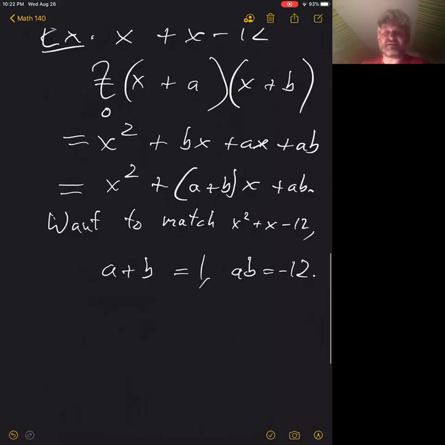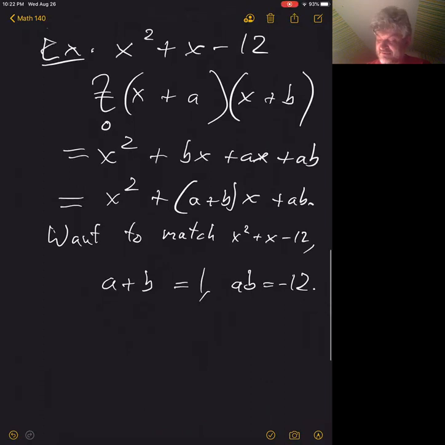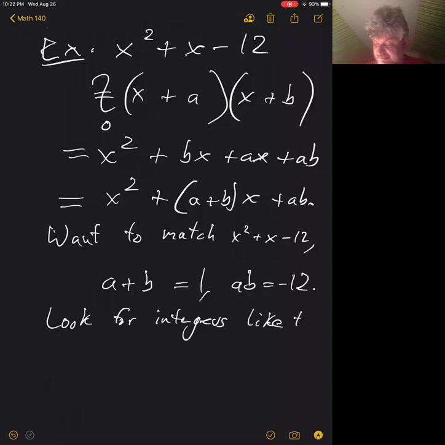So we go to find numbers, and let's assume we can find integers. We're just looking for integers because if you can't find those, then we'll give up. We're looking for integers a and b. The first condition, a plus b is 1, doesn't limit the search very much because there's infinitely many pairs of a and b.